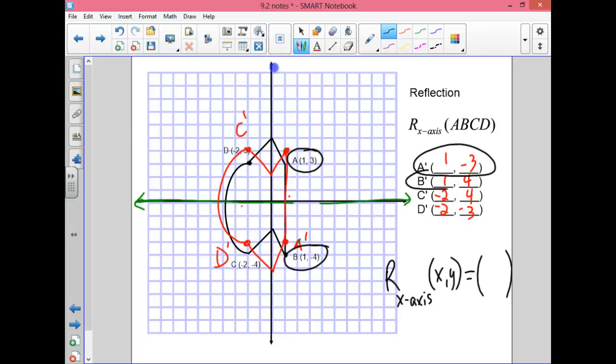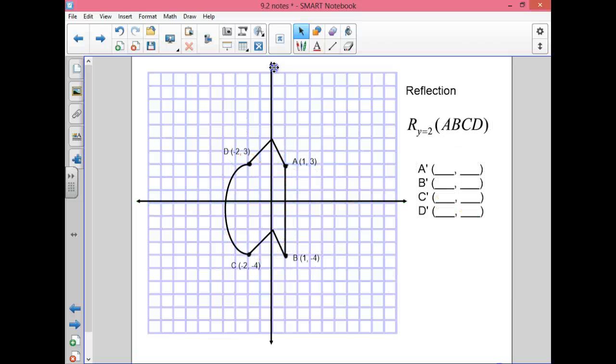B and B prime, the only thing that's different is the y is opposite or negative. So that is the rule. The x stays the same, but y is opposite. So make sure you have that written down. You will use that on tests and quizzes.